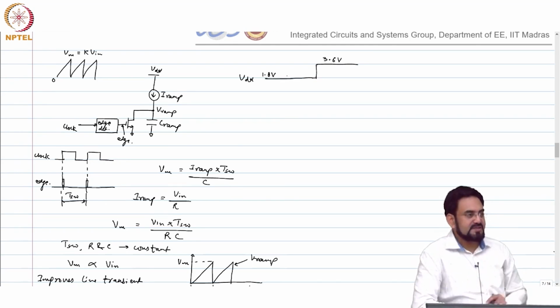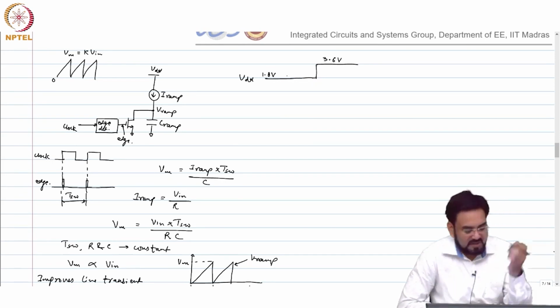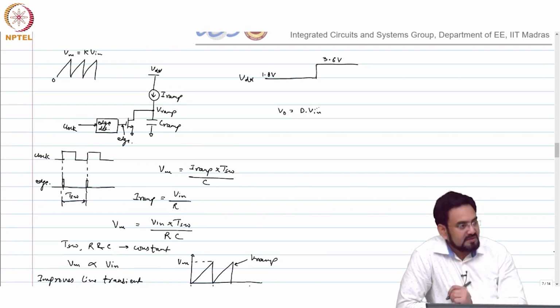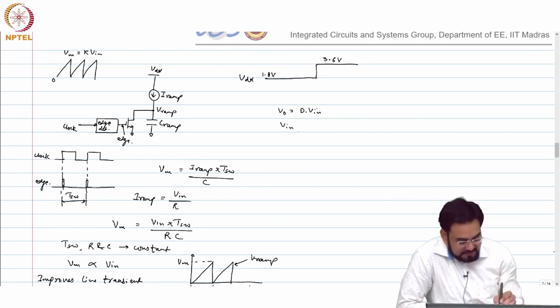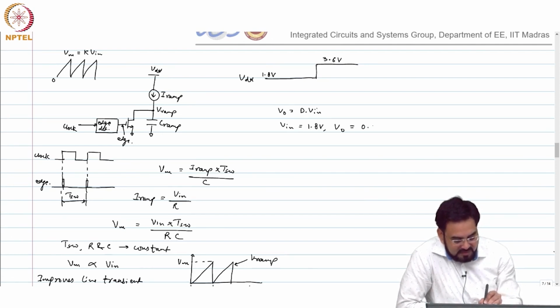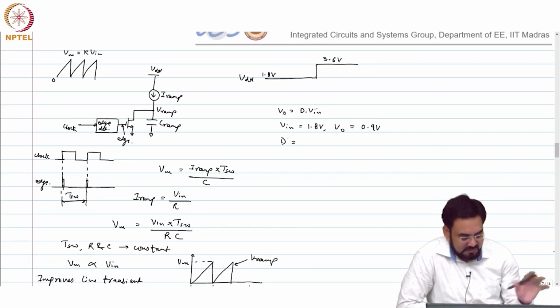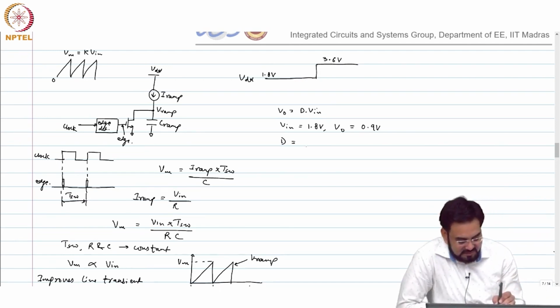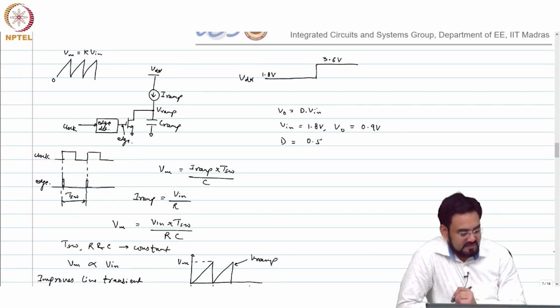V out is D times V in. So let's say V in equals 1.8 volt and V out equals, let's say, 0.9 volt. Forget about the losses here. So what will be the duty cycle? 0.5.